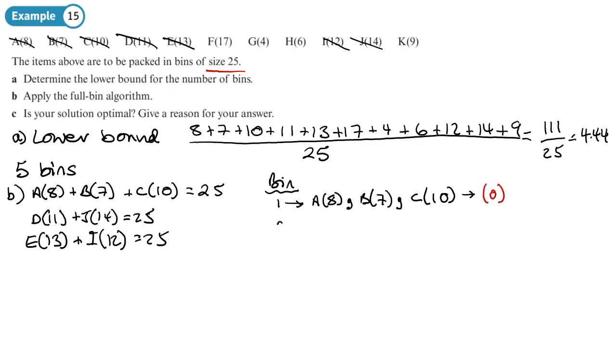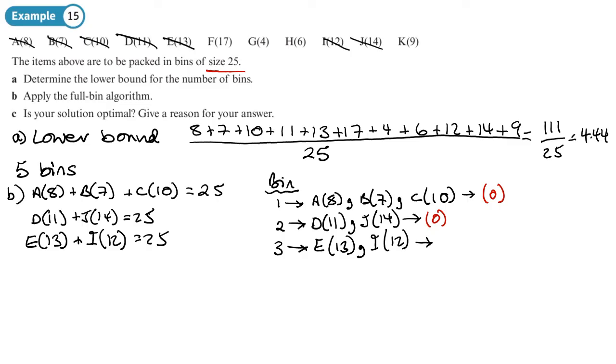Bin number 2, again no wasted space, so D and J. Full bin, no wasted space, so let's put 0. Bin number 3, again, is going to be full, so 13 and 12 is 25, no wasted space.